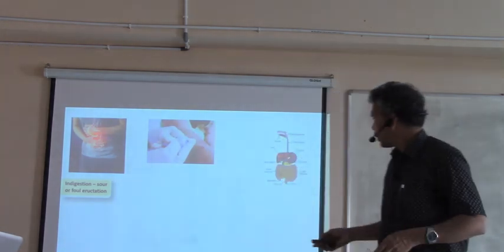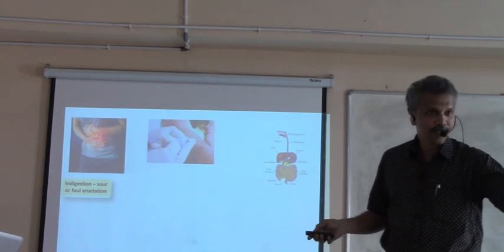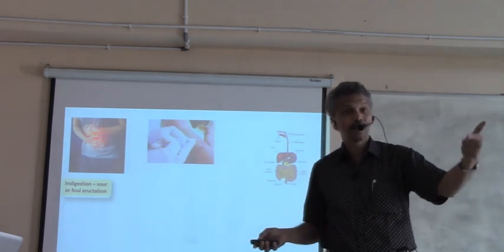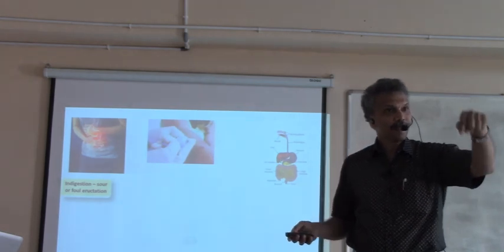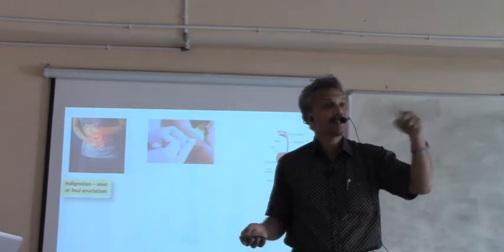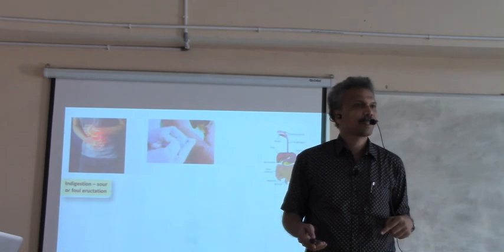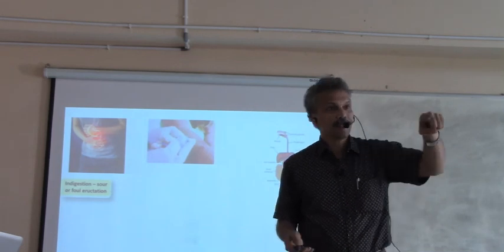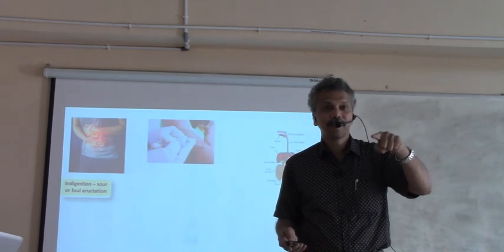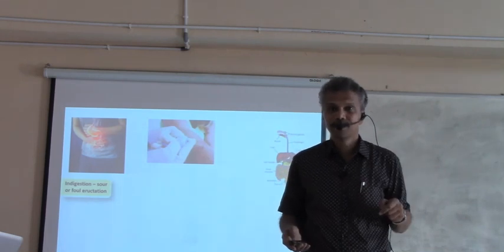So, better by eating, duodenal ulcer, absolutely right. One more remedy is Graphites. Not only better by eating, they are better by drinking milk. Gastralgia, better by drinking warm milk.